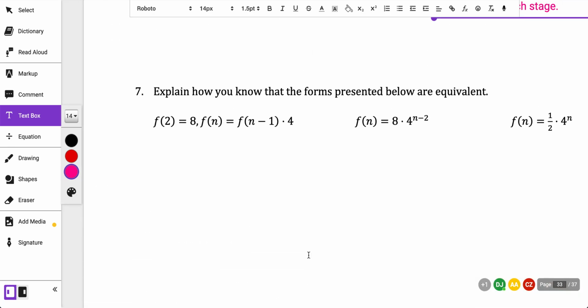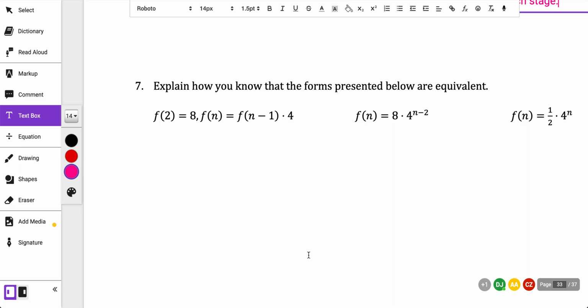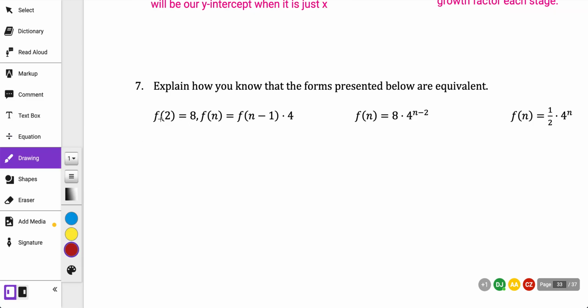Now this last part is explain how you know that the forms presented below are equivalent. So this one's a little different. It's a little trickier. And what this is saying is f of 2 equals 8. And I'm going to take the previous term and multiply it. So since I'm given a point of (2, 8), and I am saying I have a ratio of 4, I can plug this into the point ratio form.